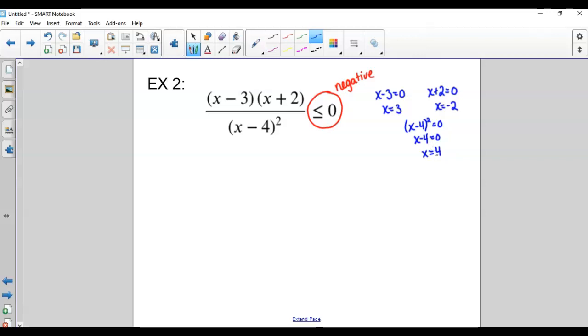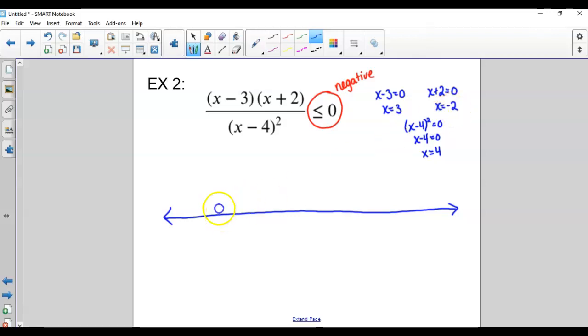Okay, so I'm going to show you a couple ways to do this problem. First, we're going to do the problem like we did the last problem. We're going to put our numbers on a number line here. And so whenever we do that, make sure you put them in order, because if you do not put your numbers in order, then you are not going to get the correct answers.